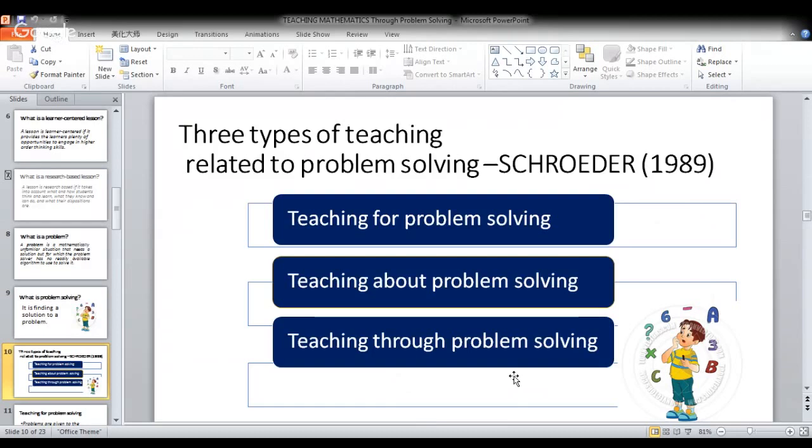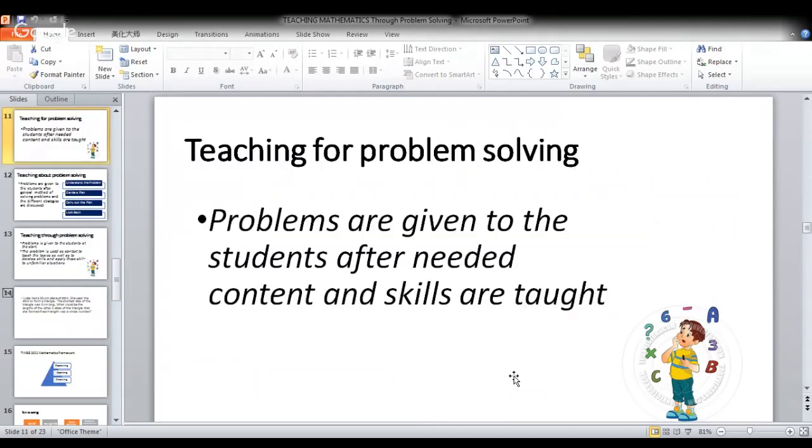Okay? So these are the three types of teaching. Either we do teaching for problem solving, teaching about problem solving, or teaching through problem solving. The difference of these three, I guess, is very obvious based on the title. Teaching for problem solving: problems are given to the students after you discuss all the content and skills.